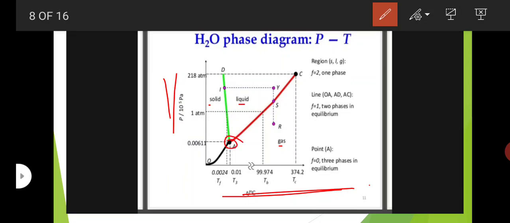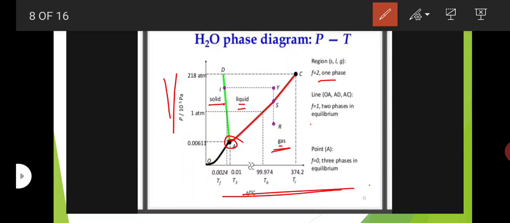This area is the triple point. Regions S, L, G mean solid, liquid, gas. Regions are having only one phase, so degrees of freedom value F is 2.